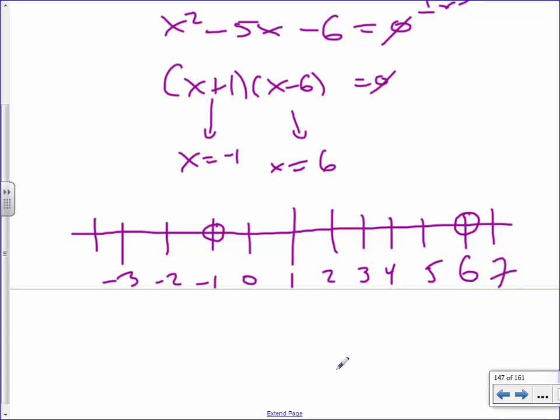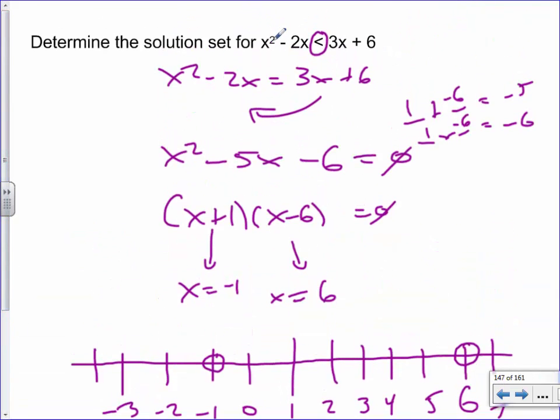So let me try a test point. Let's try a test point that would be in this region over here. We need some number that is clearly less than minus 1. Sure, negative 3 will work. So go back to the original. Negative 3 squared would give you 9. And then you'd have to subtract 2 times negative 3. So you'd have a couple of negatives there, so you'd actually be adding 6.